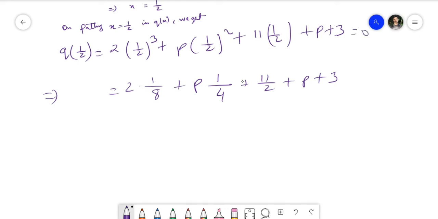Now we can cut and multiply, and we get 2 over 8 is 1 over 4. As you can see, we got 4 in the denominator most of the time, so we can take the LCM, 4. I can add equal to 0 because q(x) you will get 0 only. If you divide 4 by 4 you will get 1.